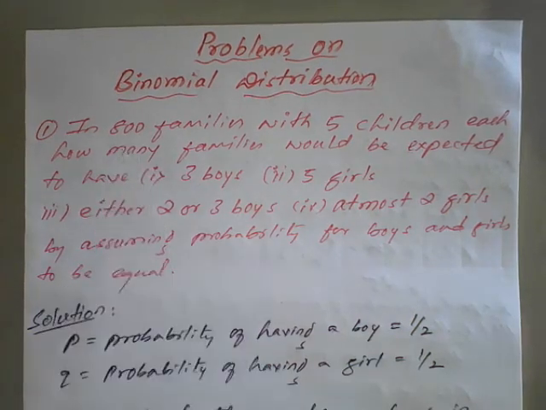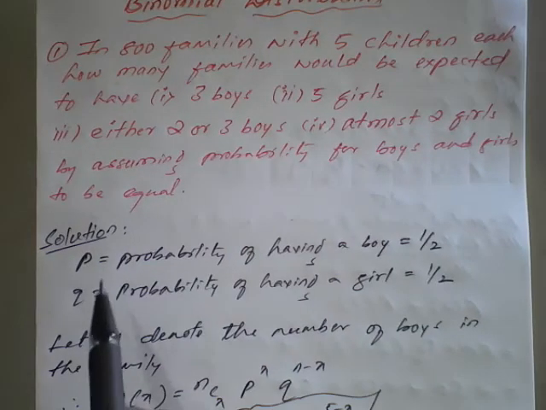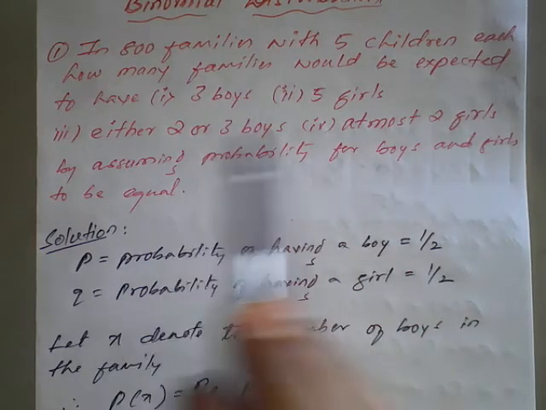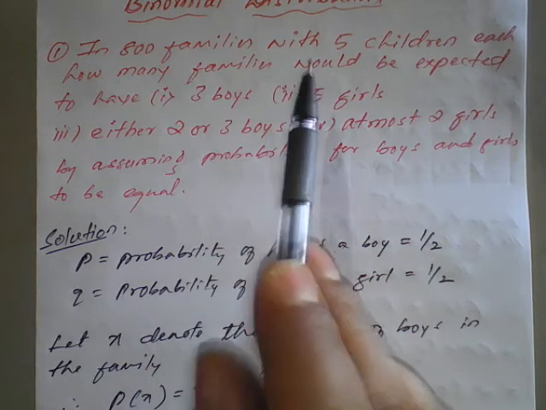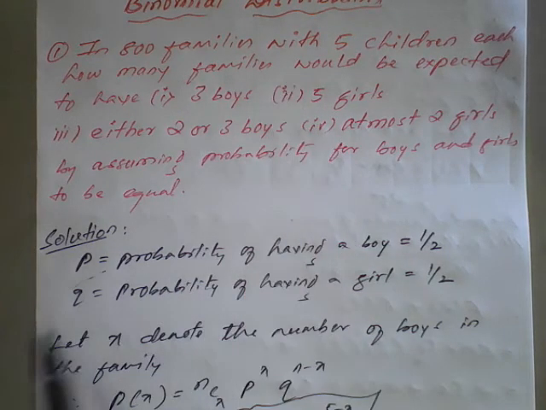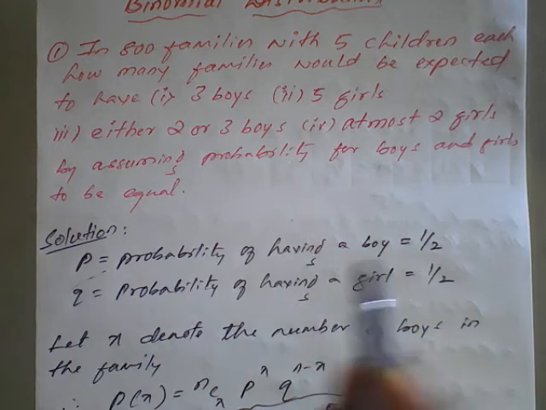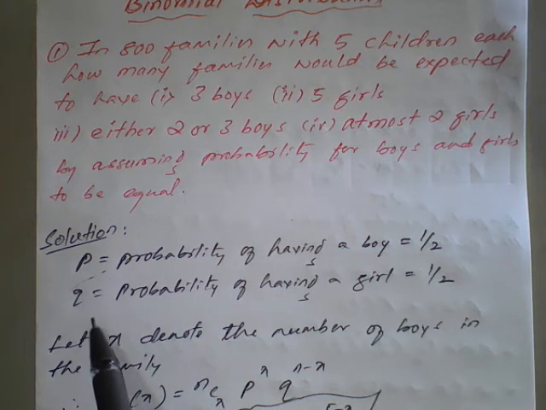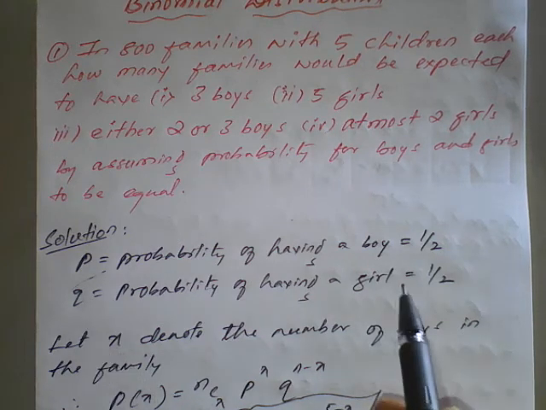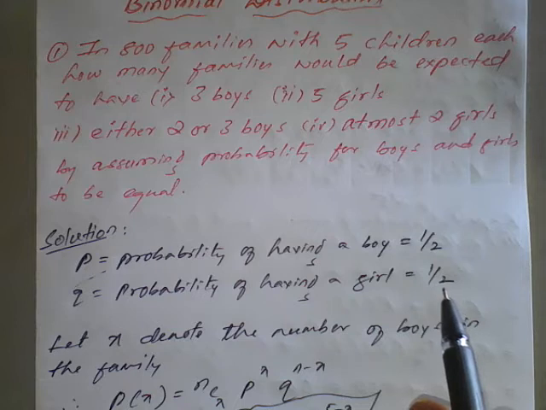Now just see here, this problem is based on either boy or girl, which means we have two faces. Therefore the probability of having a boy is 1 by 2, and similarly the probability of having a girl is again 1 by 2.